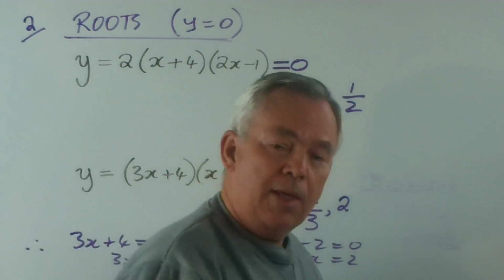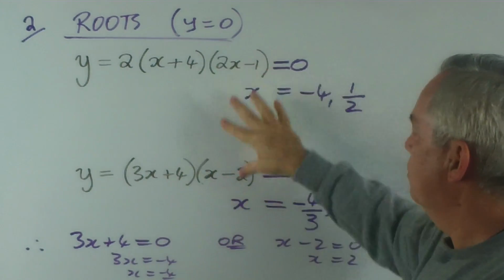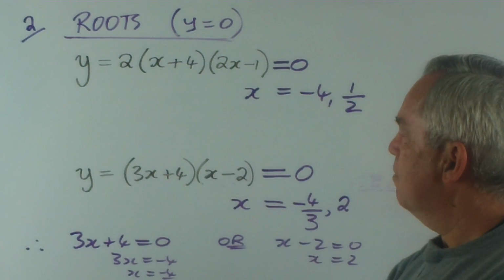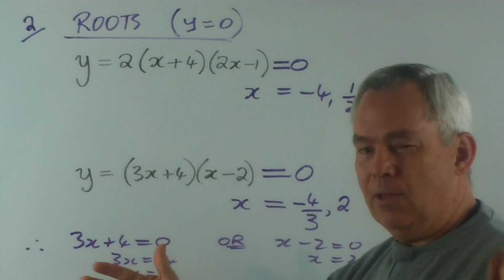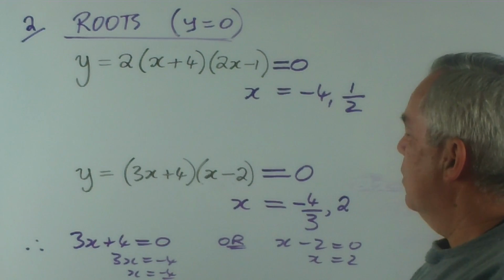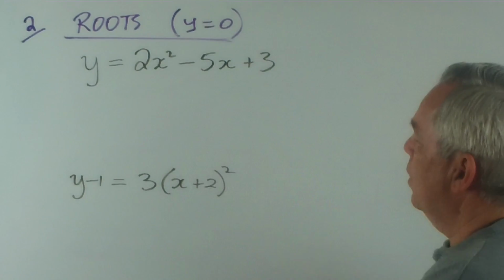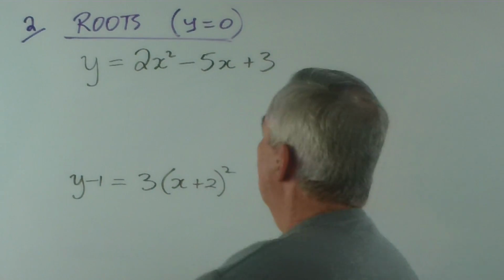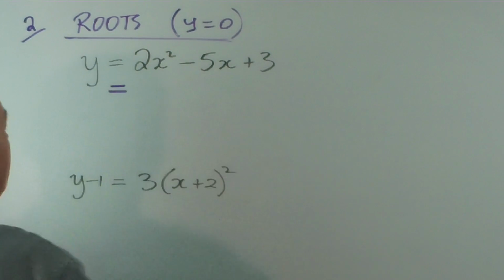We could really stop there, except that not all quadratic equations are given in this form. So what happens? I'm going to try and do this in about 60 seconds, so the video is not too long. But I'll wipe this and explain. Now, if you're given your quadratic equation in a different form, then we need to get it somehow into a factored form.